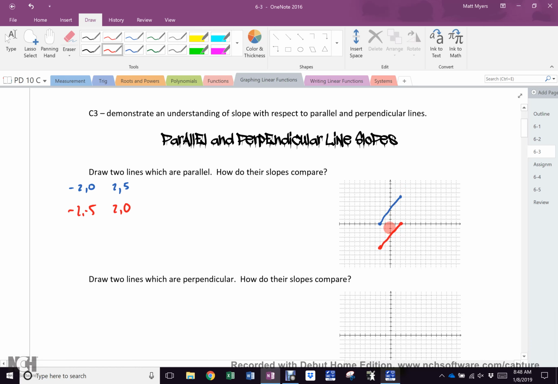Which means, where will the next dot be? It will be 5 up and how far to the right? 4. And where will the next dot be for the red one? 5 up and 4 to the right. So will these ever touch? No. So how do the slopes compare if lines are parallel? The slopes are the same.